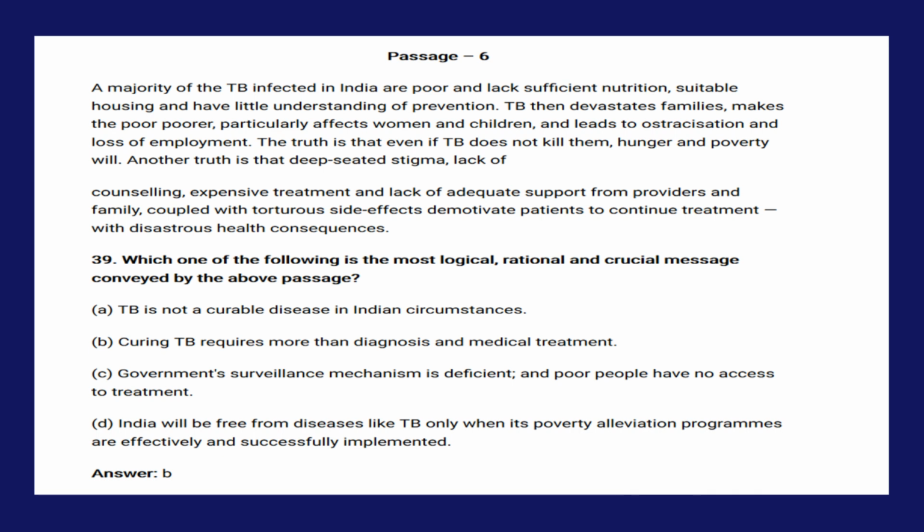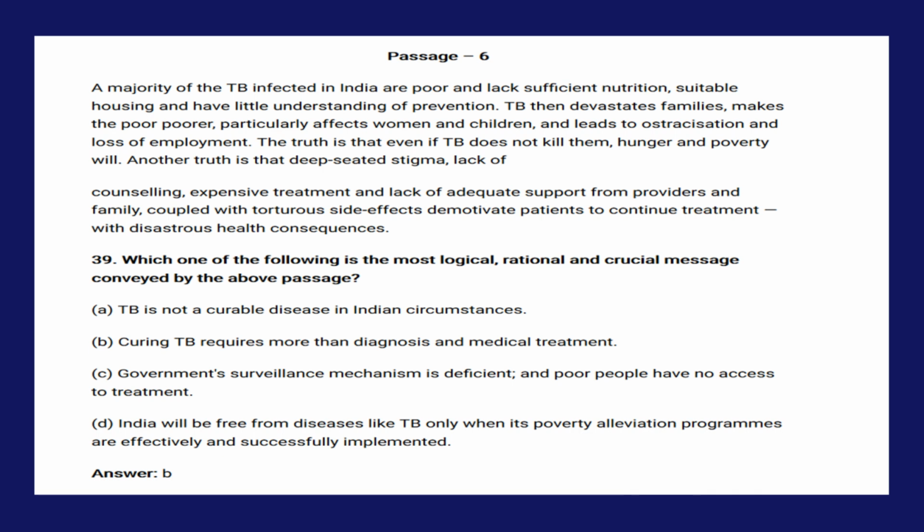Question 39. Which one of the following is the most logical, rational, and crucial message conveyed by the above passage? A. TB is not a curable disease in Indian circumstances. B. Curing TB requires more than diagnosis and medical treatment. C. Government surveillance mechanism is deficient and poor people have no access to treatment.